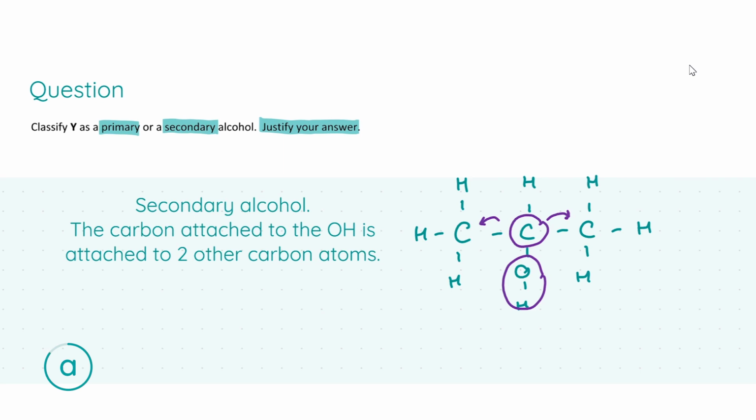So, for example, if it was a primary alcohol, then the OH could be here because then the carbon attached to that one is only attached to 1 other carbon. So you get 3 marks here for saying that it's a secondary alcohol, and you get 3 marks for your justification, basically stating that the carbon attached to the OH is attached to 2 other carbons. So now let's move on to question B.